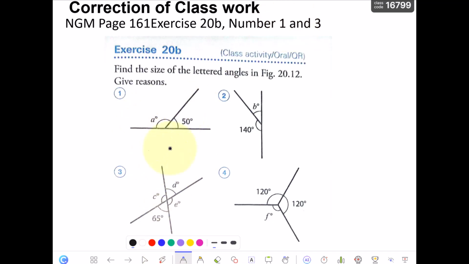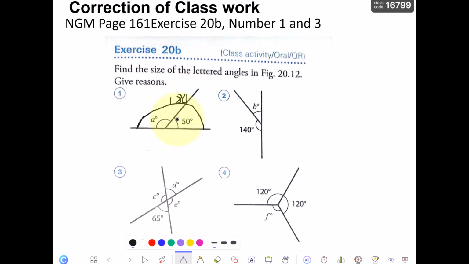So if you look at number 1, we have A and 50 on a straight line. So if you want to solve questions like this, try to identify the straight line. Now that you know that this is the straight line, this line from here down to this place, the full angle from here down to this place is 180 degrees. So you can see it.